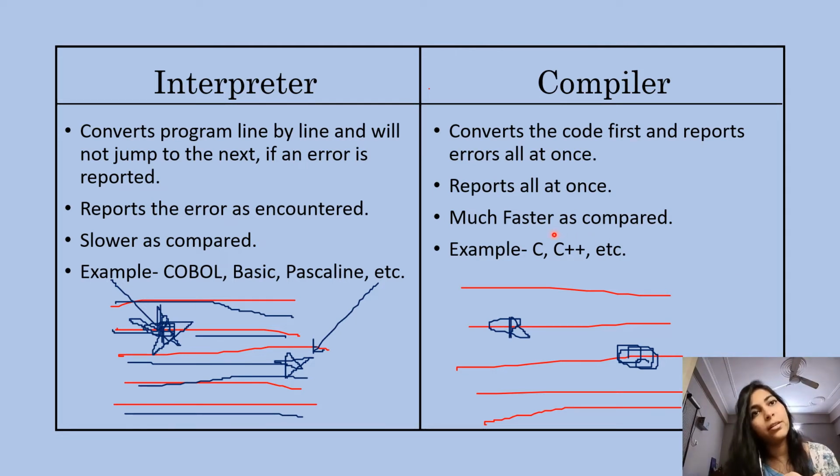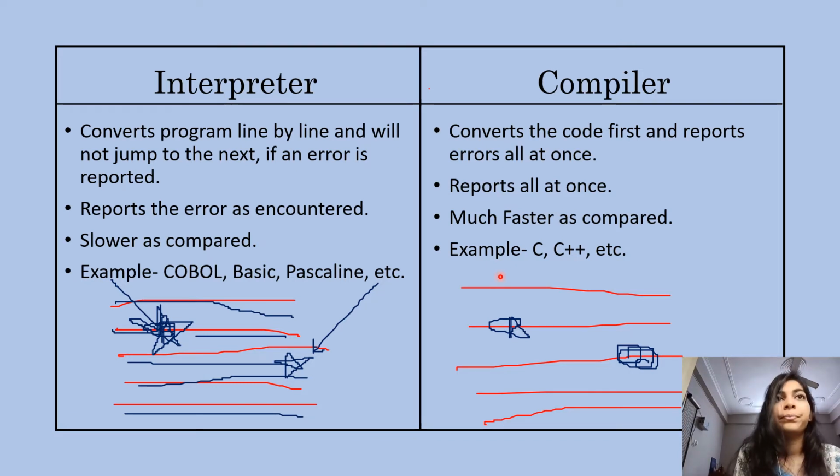Whereas compiler is much faster as compared, right? You can understand what I mean to say, right? How compiler will be faster, how interpreter will be slower, how interpreter is more accurate but slow, right?